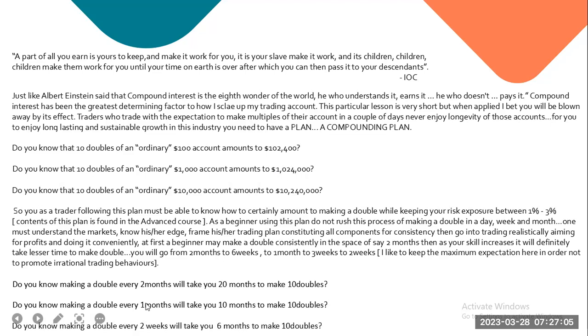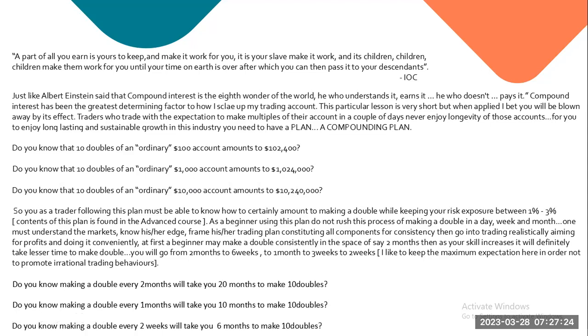If you make a double every 2 weeks, which is also not hard to do if you know what you're doing, it will take you 6 months to make 10 doubles. So it will take you 6 months to be able to turn a $10,000 account to a $10 million account.